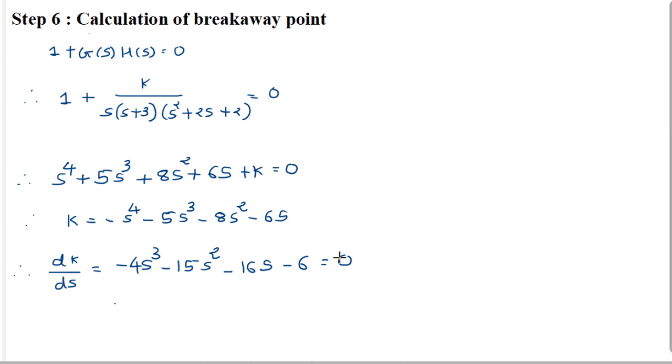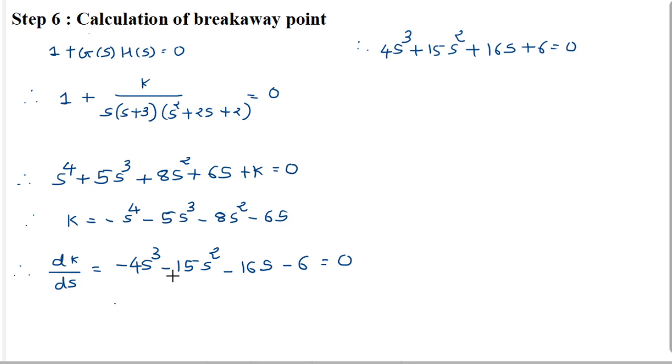Okay, so you get 4s cube plus 15s square plus 16s plus 6 equal to 0, by taking minus common.